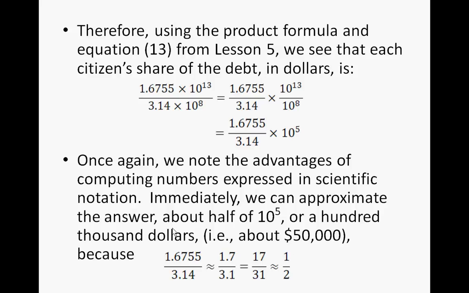So that's why we're saying half of 10 to the 5th power, because this would be 1/2 times 10 to the 5th power. And 10 to the 5th power is 100,000, so half of 100,000 would be 50,000.